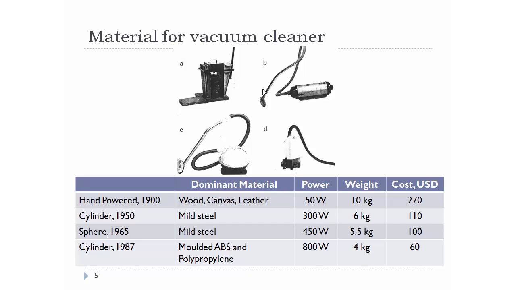The price was very high at the time, 270. After that, there were several developments, and nowadays the power is very high, 800 watt, the weight is very small, 4 kilogram, and the cost is much less as well, 60. Everything is possible because of the development in materials.